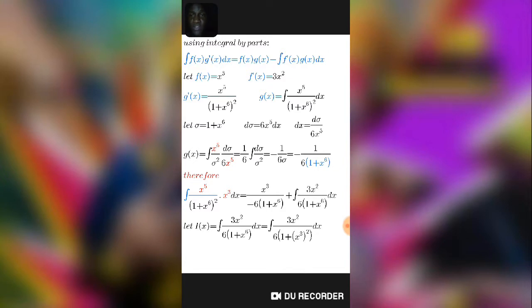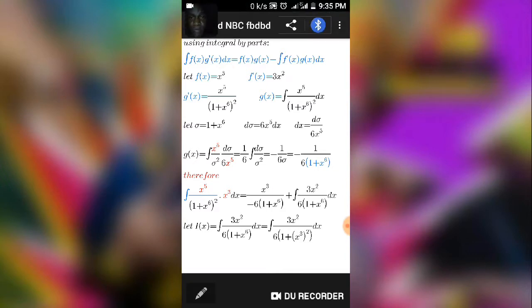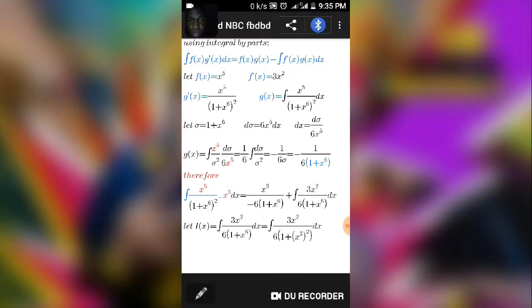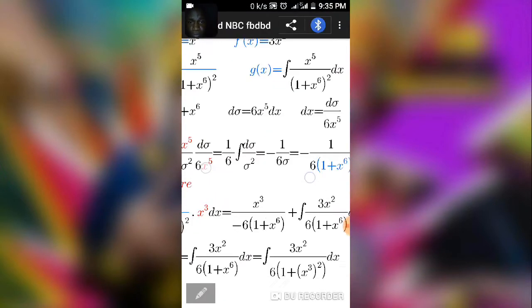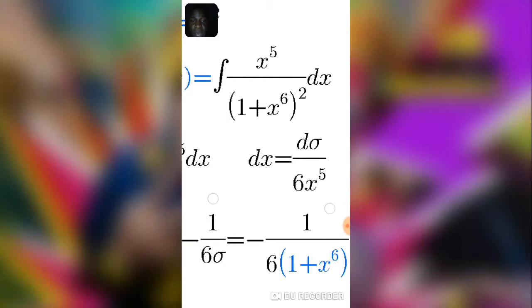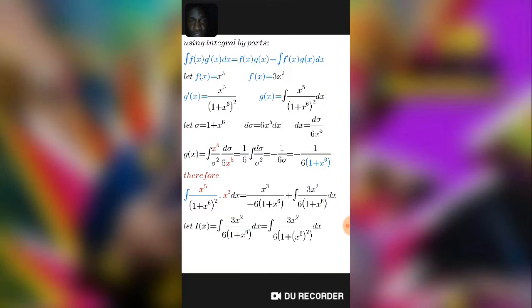We have our f(x) to be x raised to the power 3, so we have x raised to the power 3 here. And we have our g(x) equal to, after you get your sigma, with d sigma equal to 6x raised to the power 5 dx, you solve for dx and plug the values back into this equation here.